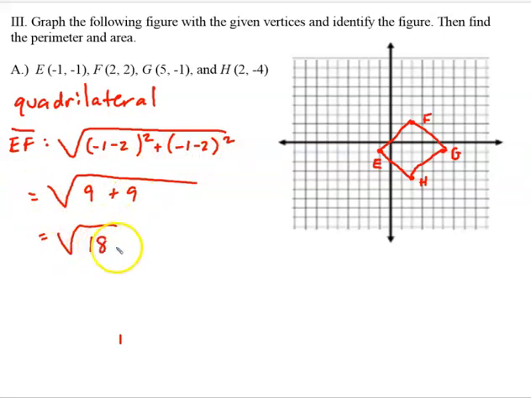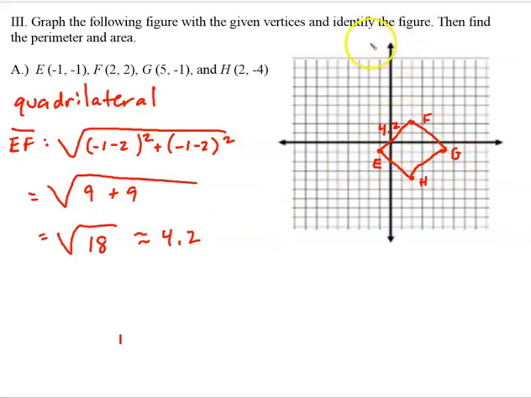So this is going to be the square root of 18. And you're going to have your answers. It's not in the instructions, but you can put your answers here again in rounded decimal. So the square root of 18 in decimal form is 4.2. All right, so EF we know is 4.2.